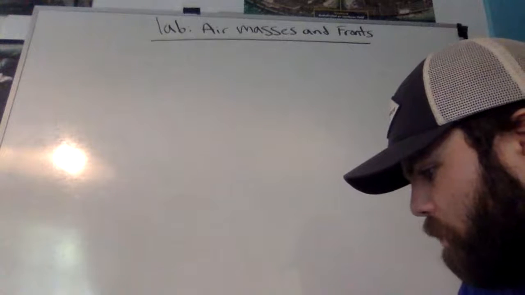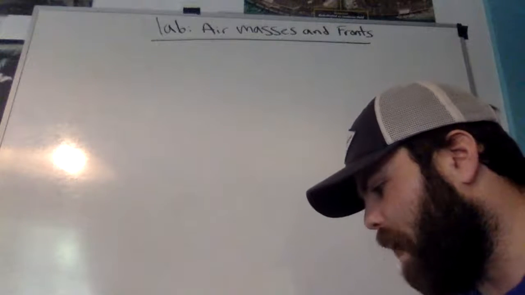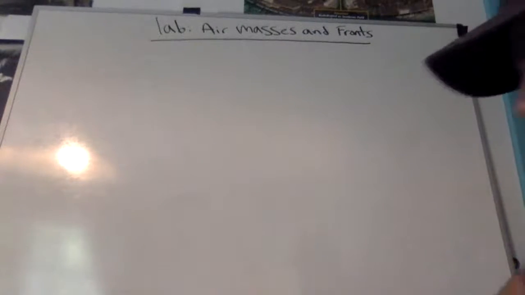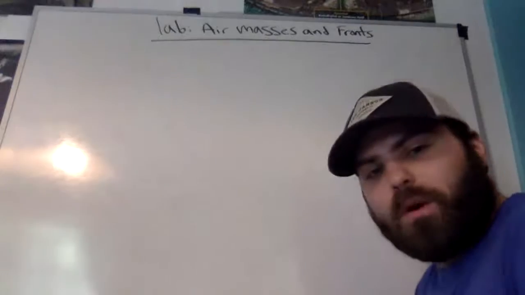Okay. So the first one says, how do front boundary symbols show the direction of movement? Remember, you have 4 different fronts.